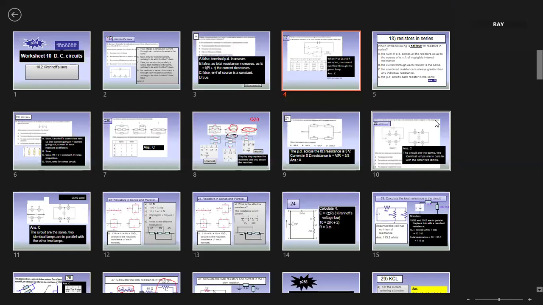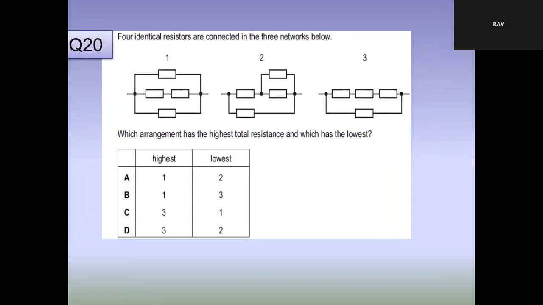Okay, next question. Number 20. Four identical resistors are connected in three networks below. Which arrangement has the highest total resistance and which has the lowest?